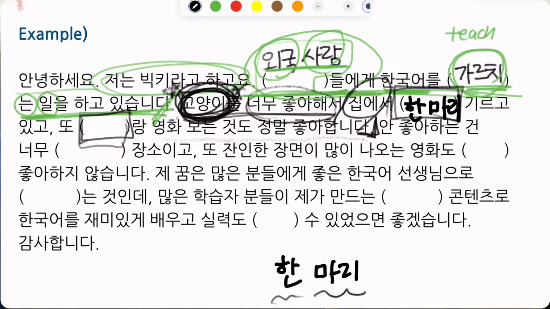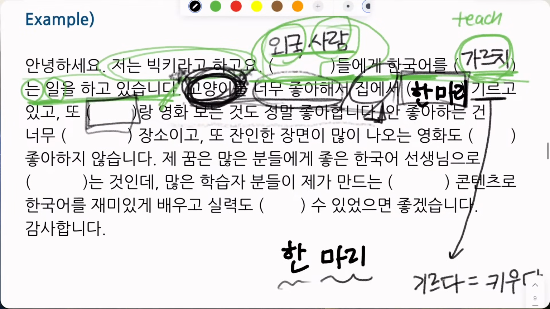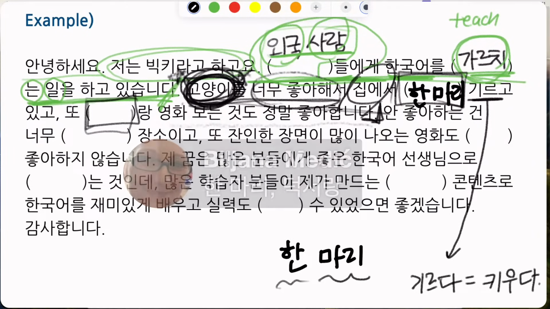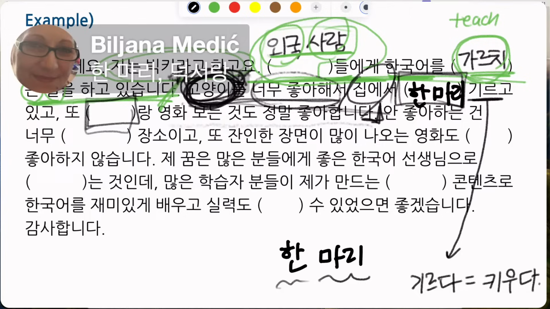Because cat is the only animal that appears in the sentence. So 고양이를 너무 좋아해서 집에서 한 마리 기르고 있고. So 기르다 means to raise. You can also interchangeably use it with 키우다. So you can say 한 마리 기르고 있고. 그리고 how about the second blank? 독서. Yes, I said 독서.